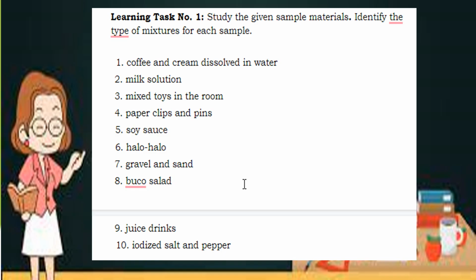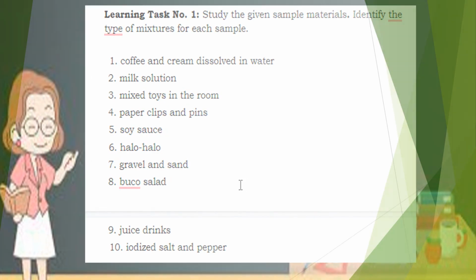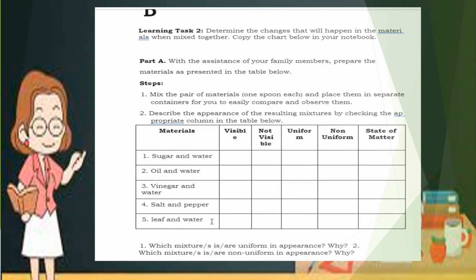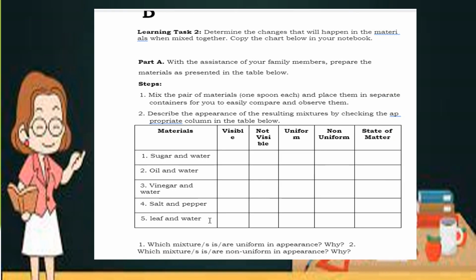For learning task 2, determine the changes that will happen in the materials when mixed together. Copy the chart below in your notebook or on your pad paper. With the assistance of your family members, prepare the materials as presented in the table below.